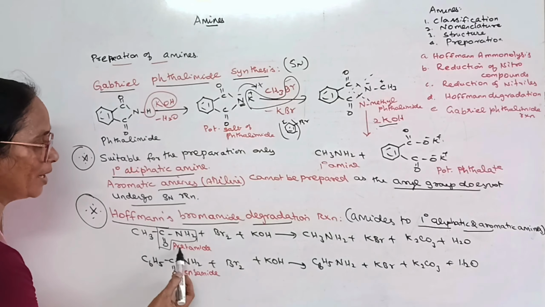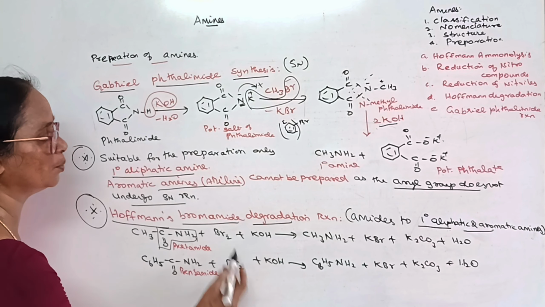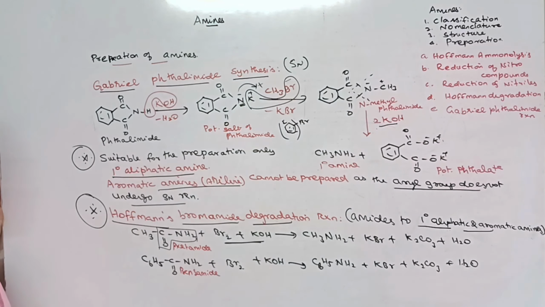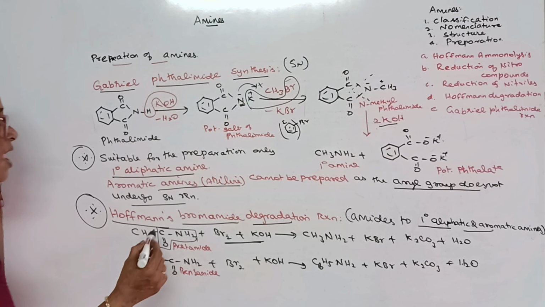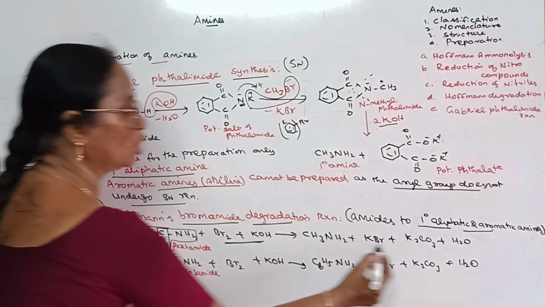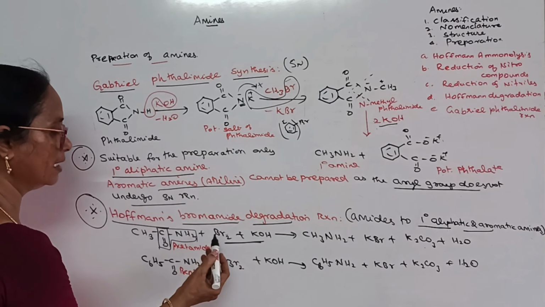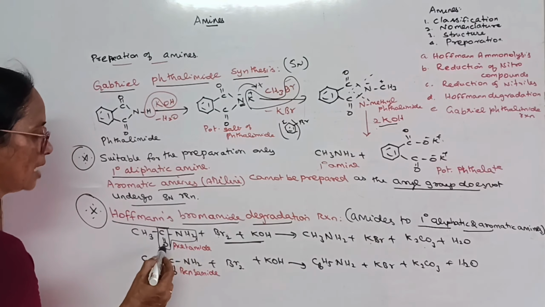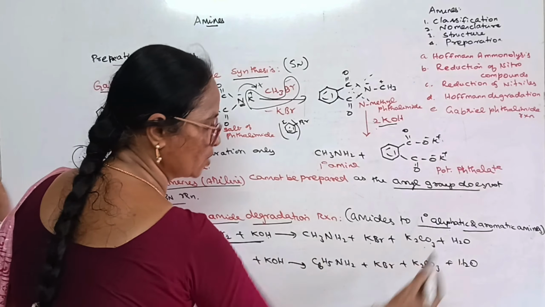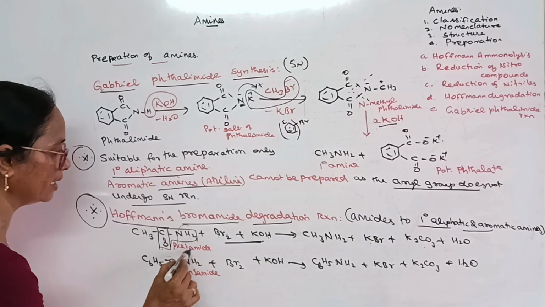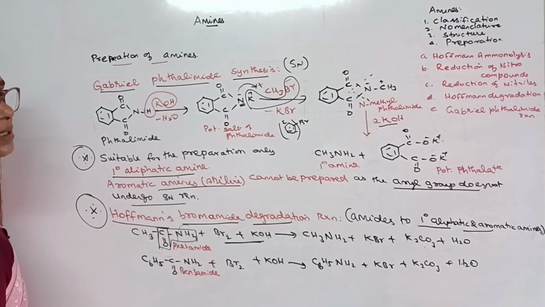See, acetamide, when it is treated with bromine and potassium hydroxide, which is the reagent required for the Hofmann bromamide reaction, the CO group is converted into potassium carbonate, and the bromine with the potassium forms potassium bromide, and the oxygen with the hydrogen makes water. So we are getting CH3NH2.